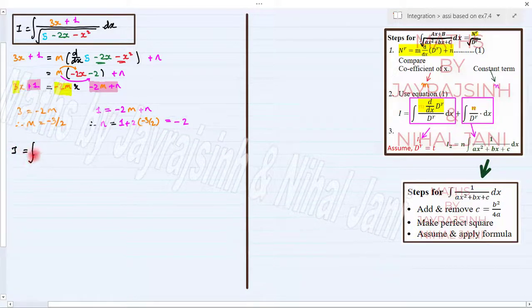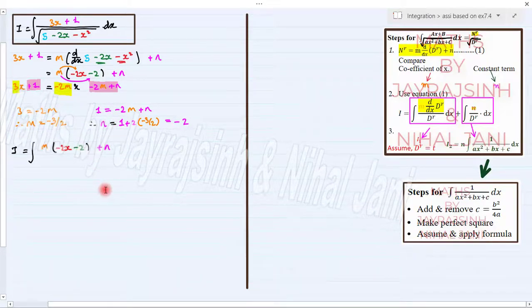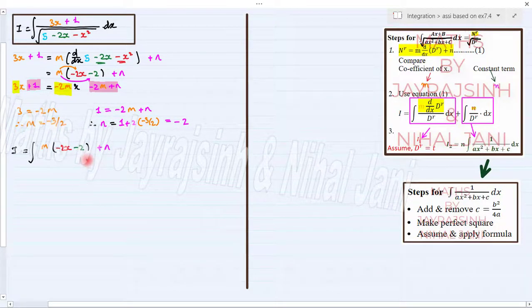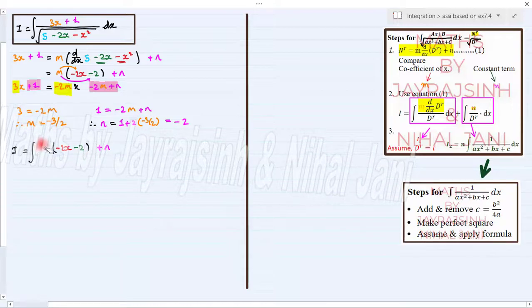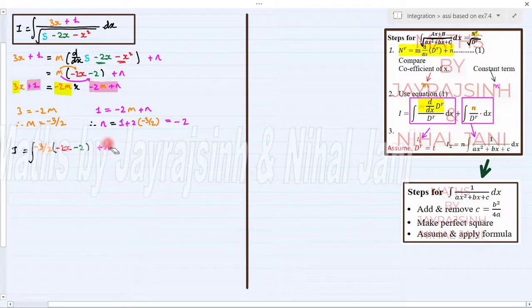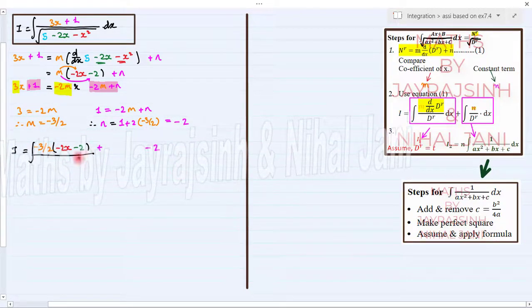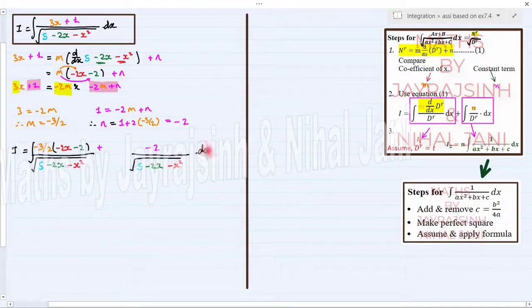So instead of the numerator, we can substitute m into minus 2x minus 2 plus n, where m is minus 3 by 2 and n is minus 2, and then divide by the denominator.